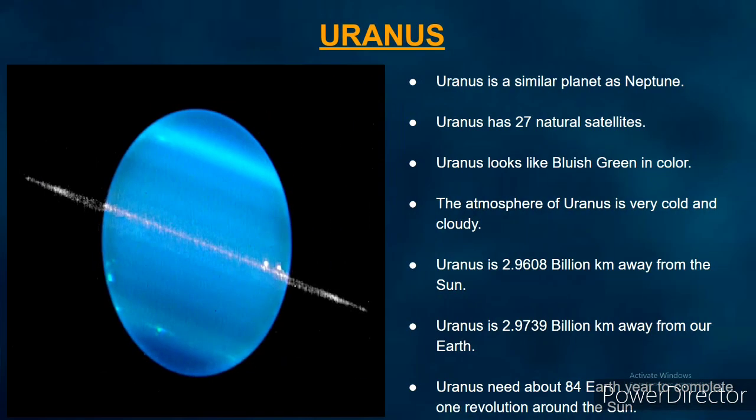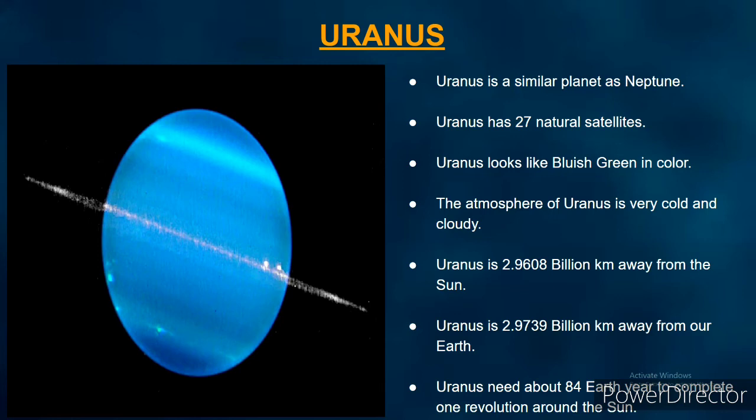Now the Uranus. Uranus is a similar planet as Neptune. Uranus has 27 natural satellites. How many satellites? It is having 27 natural satellites. Uranus looks like bluish green in color. The atmosphere of Uranus is very cold and cloudy.